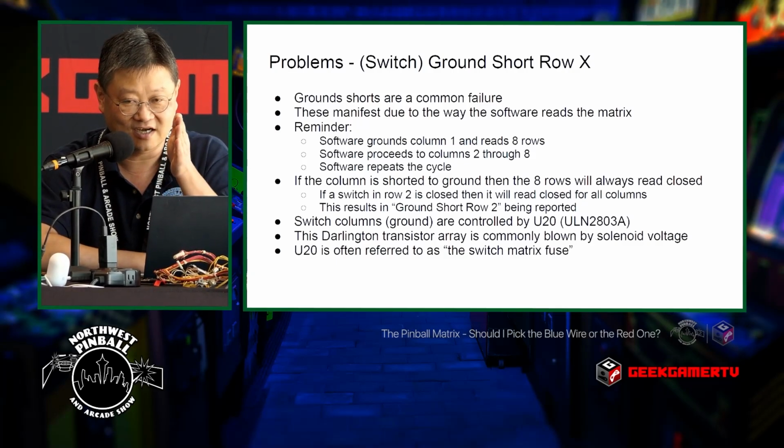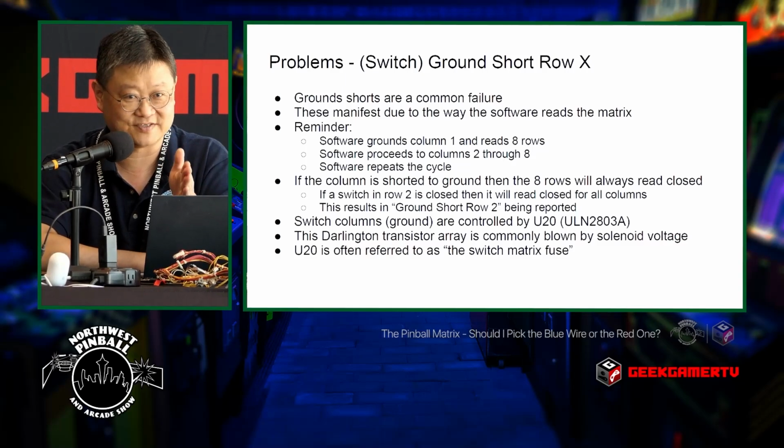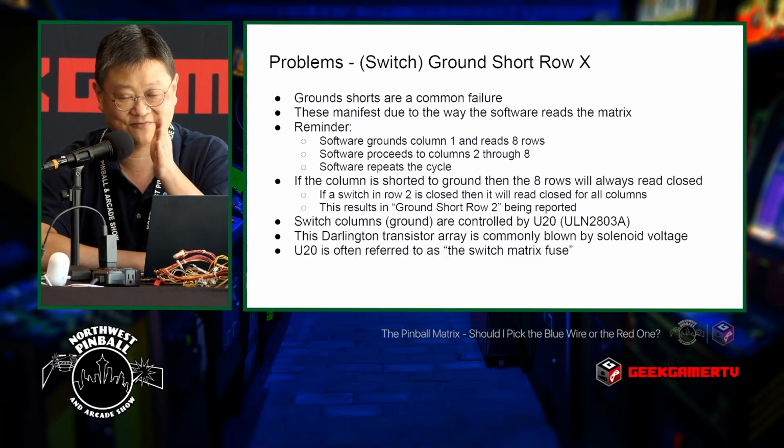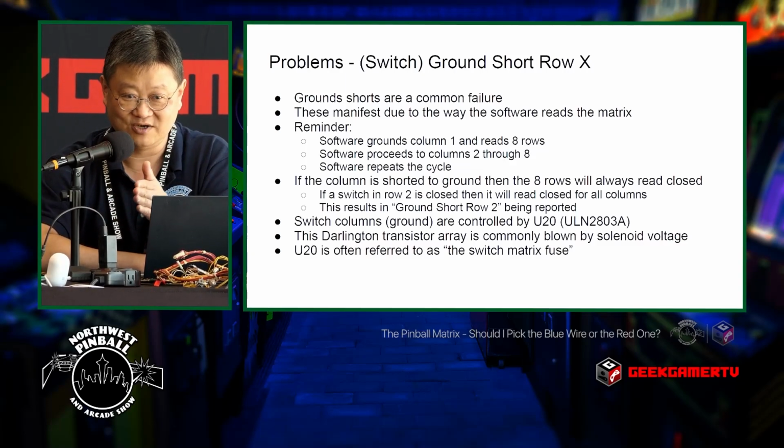It says, I'm going to enable column 2, and I expect all the switch states that I read to be related to column 2. But if I'm reading a column state from 4 because it's grounded, because it's shorted in hardware, it doesn't know that. It only says, well, I tried to ground column 2, and this is the result I got.